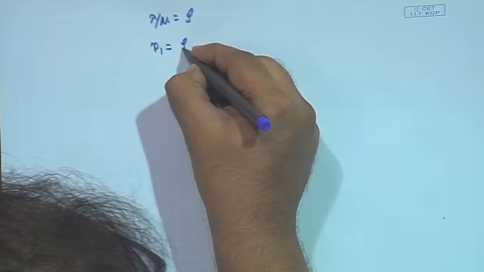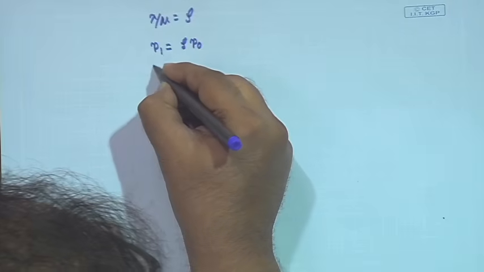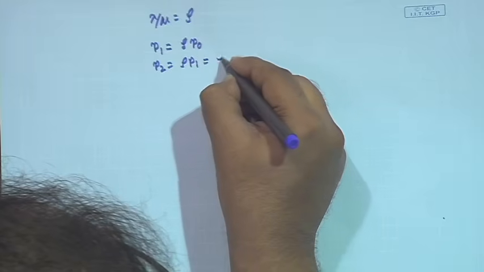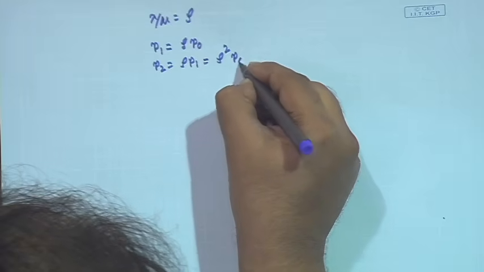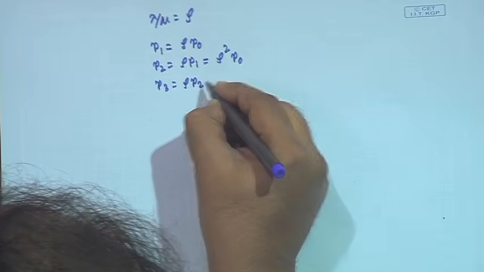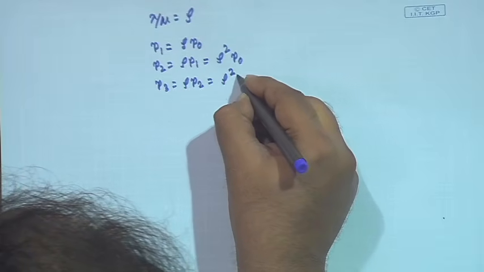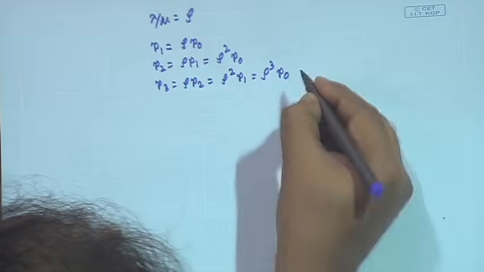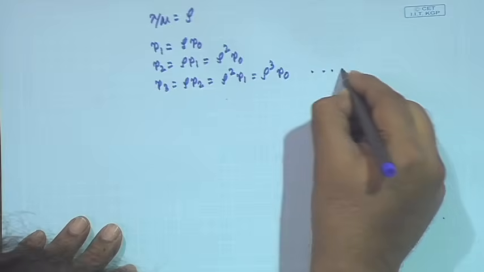So, we have got P1 equal to rho P0. We also know P2 equal to rho P1 equal to rho square P0. P3 equal to rho P2 equal to rho cube P0. So, like this it goes.